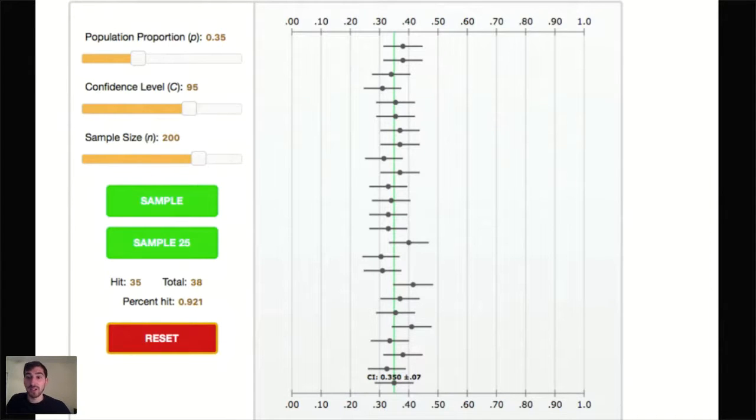If I increase the confidence level, confidence intervals get wider. If I increase the sample size, the confidence interval gets narrower because the samples themselves get more consistent. And of course, the opposite is true. Smaller samples create a larger margin of error, and a lower confidence level will create a smaller confidence interval because you don't care about as many intervals hitting the correct answer.